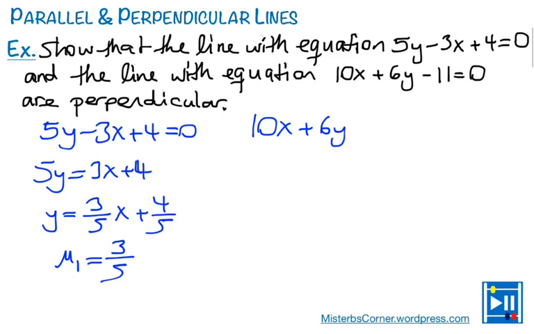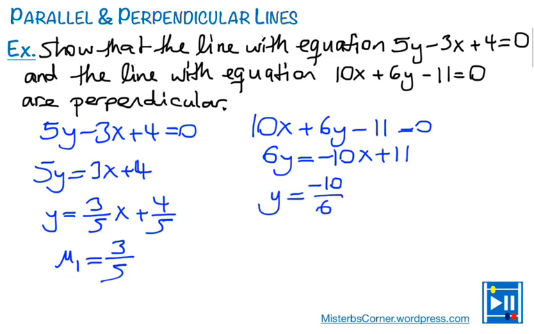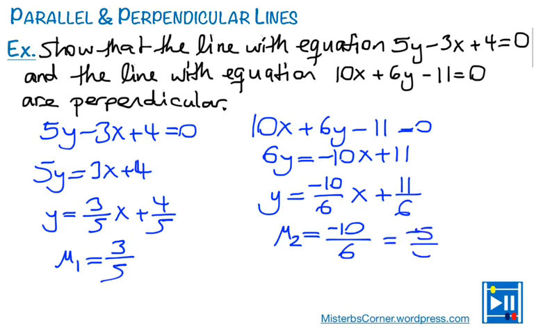whereas 10x plus 6y minus 11 is 0, meaning here 6y equals minus 10x plus 11, and y will be minus 10 over 6 x plus 11 over 6. So if I write the second gradient here, it is minus 10 over 6, which simplifies to minus 5 over 3.